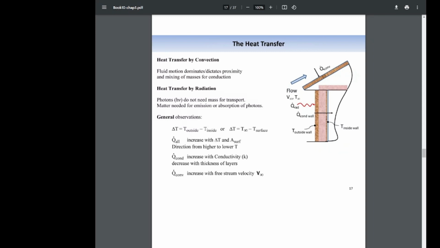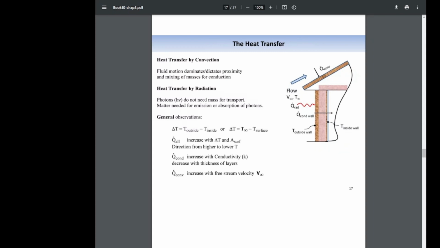This talks about conductivity changes: you have more thermal conductivity if the layers are thinner, if they decrease in thickness. The other is that you'll have more heat exchange through convection if the velocity of that fluid increases.